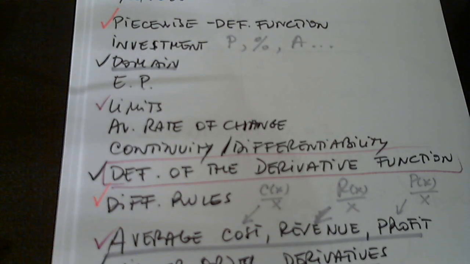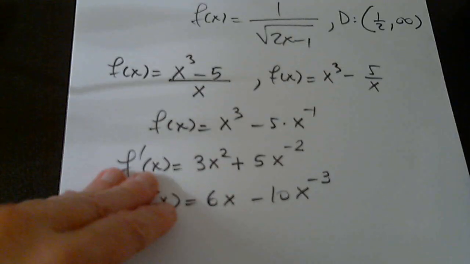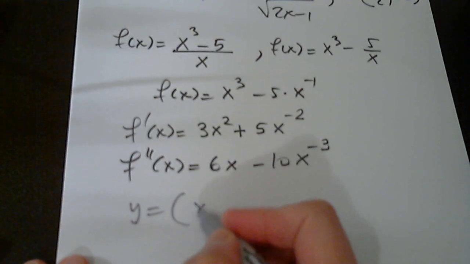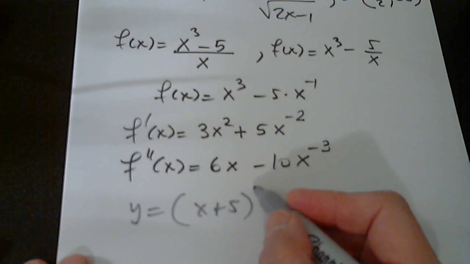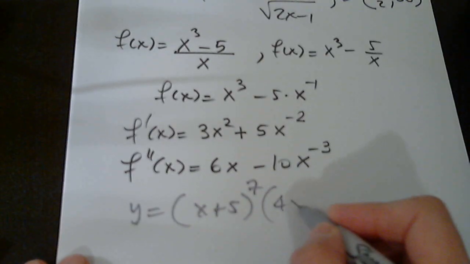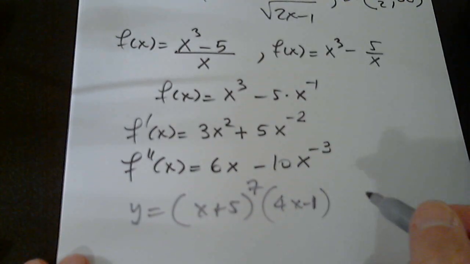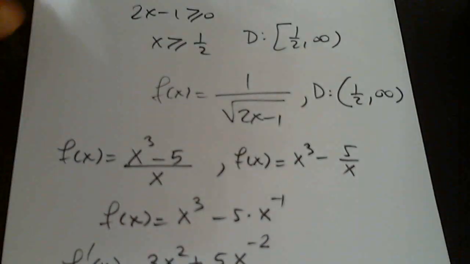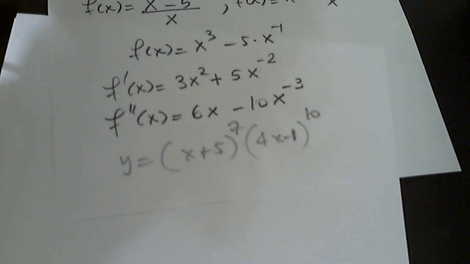Can we also do 12 on the homework? Yes, please. It was y equals parentheses x plus 5 to the 7th, and then parentheses 4x minus 1 to the 10th. Yes. So this is similar to that long problem that we had last time.